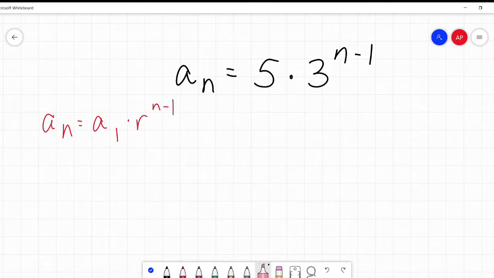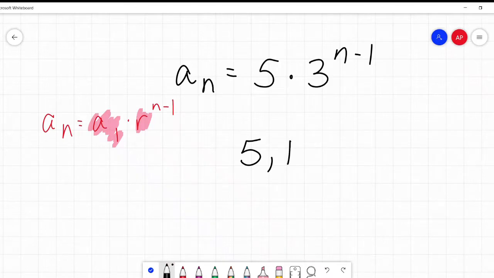If we look at this general formula, my number here without an exponent is a sub 1, or the first number in the sequence. So I know the first number in the sequence is 5. Then I know that the number that's being put to a power is my ratio. So that means this is my ratio up here, 3. So I know I need to multiply each one by 3.